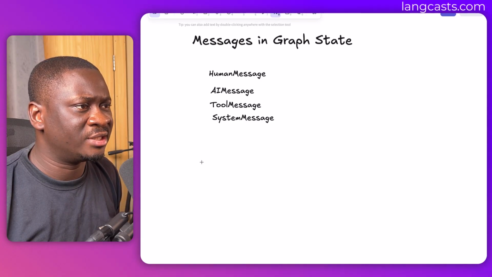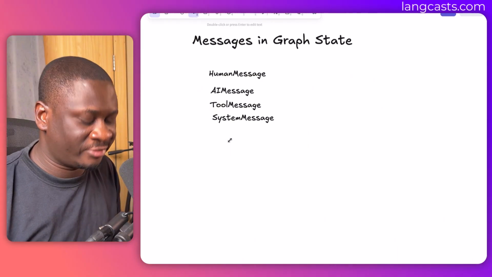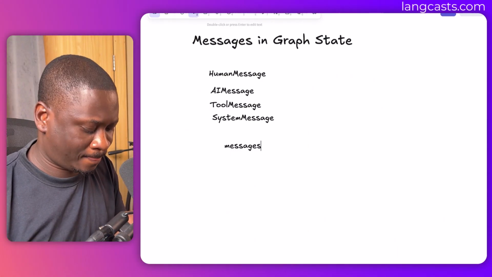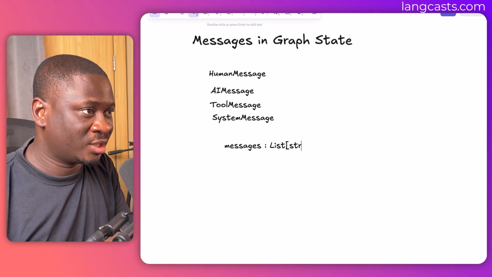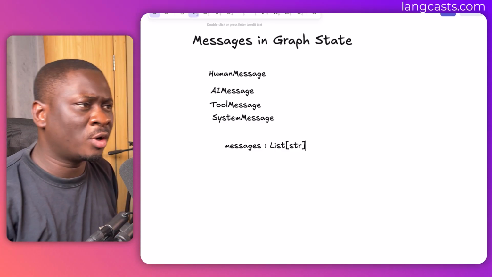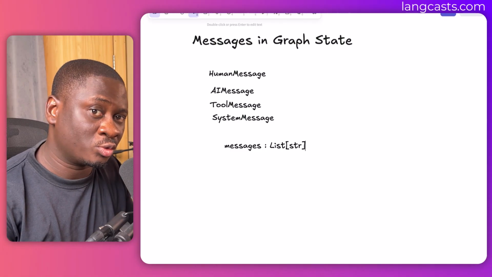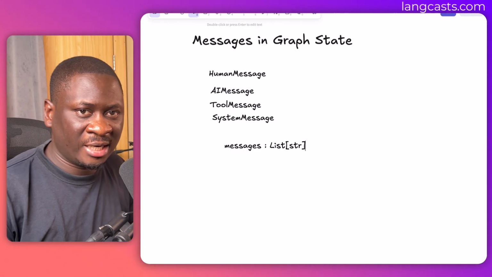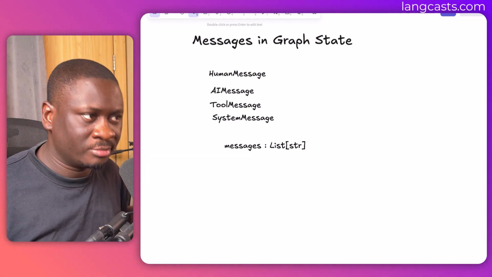So let's say you have your agent state, and within your agent state, you define a state variable called messages. You can set that to a list of strings. This is one way you can define the variable that is going to hold your LLM messages. This is just a simple way. You want to hold them as strings and nothing more.